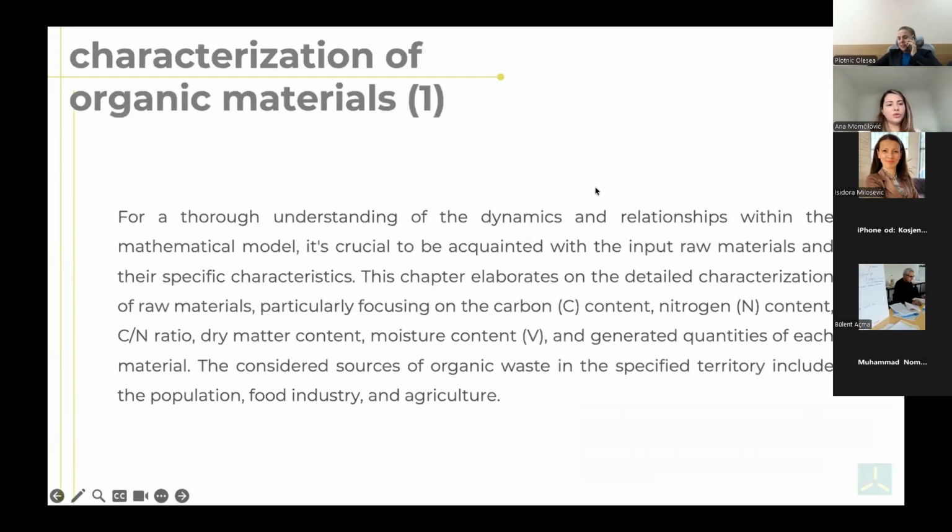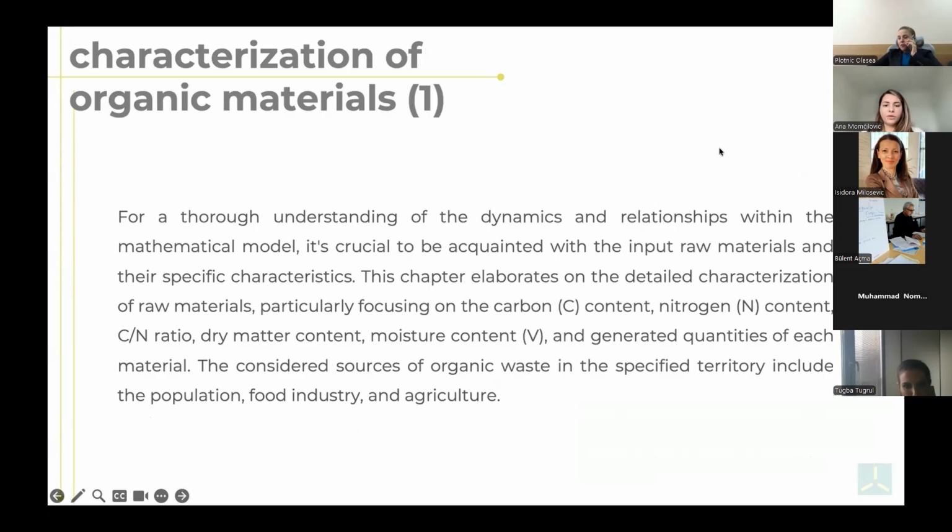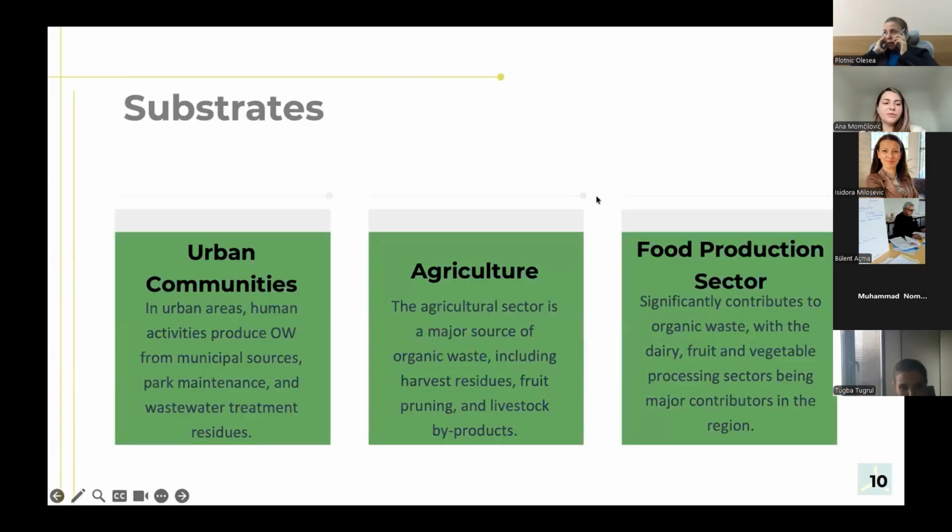When it comes to organic materials, we focused on carbon content, nitrogen content, C/N ratio, dry matter and moisture content, also generated quantities, and some inhibitors for the process.